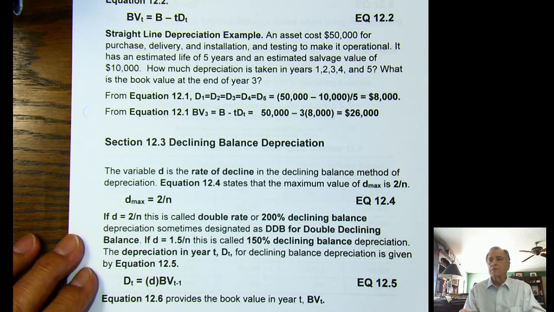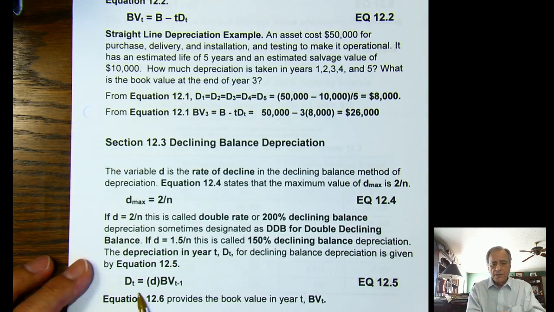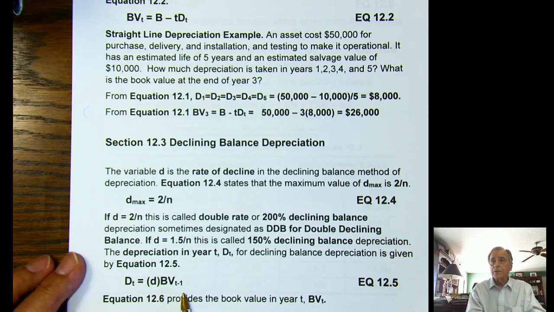And the maximum, though, for any asset is 2 over n. And then the depreciation in year t is D, that's this value, whatever it is, times the book value at the end of the previous year, BV sub t minus 1.